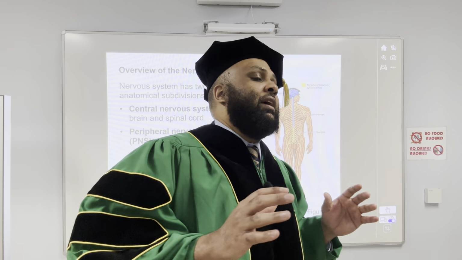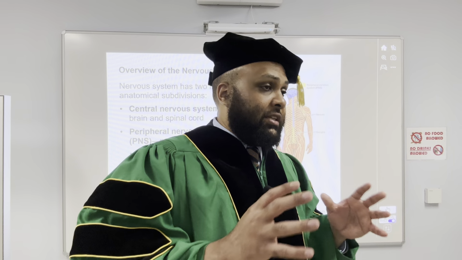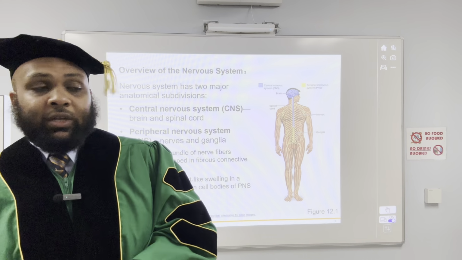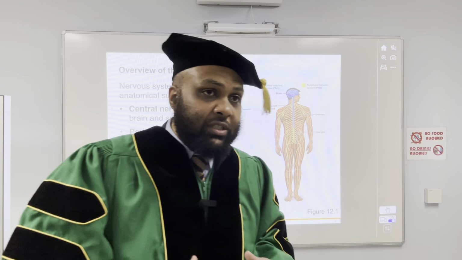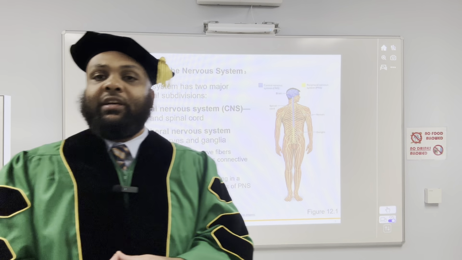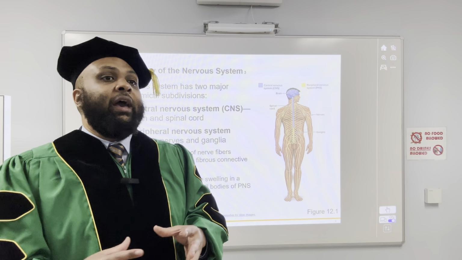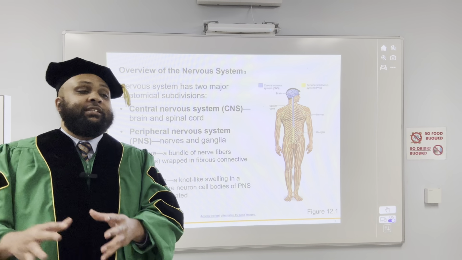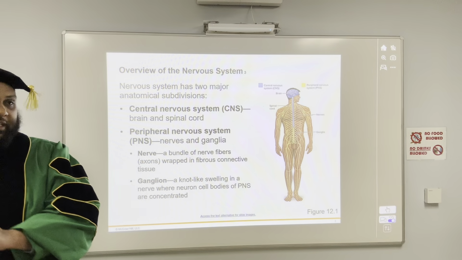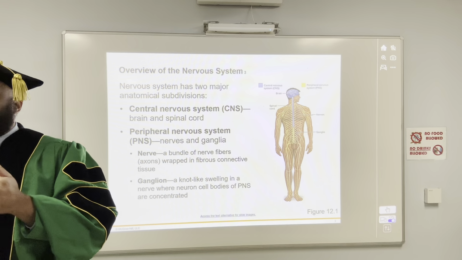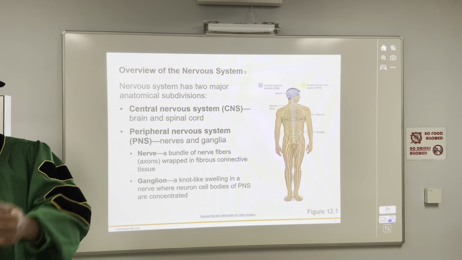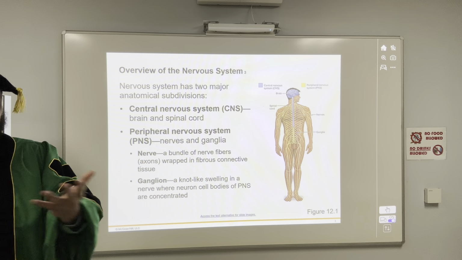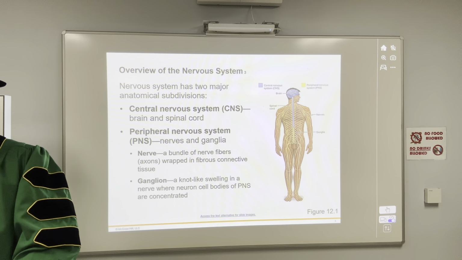We have a processing center, a control center, an integration center, and this center is like the 911 center. The 911 center is going to process, integrate, and control. What do you need? Do you need an ambulance? Do you need the fire truck? Do you need the police?